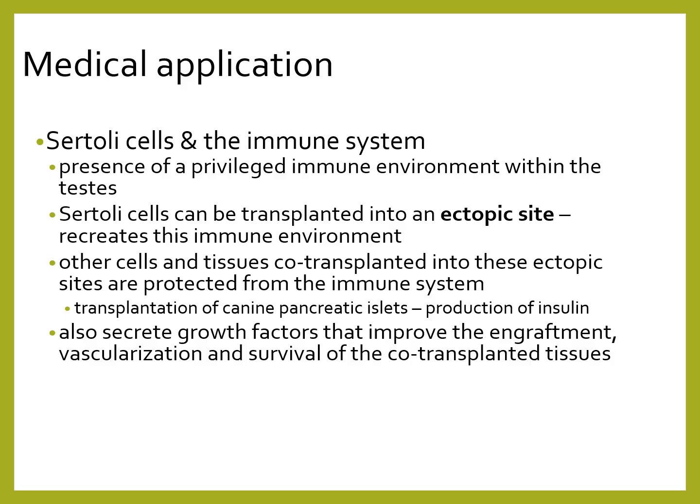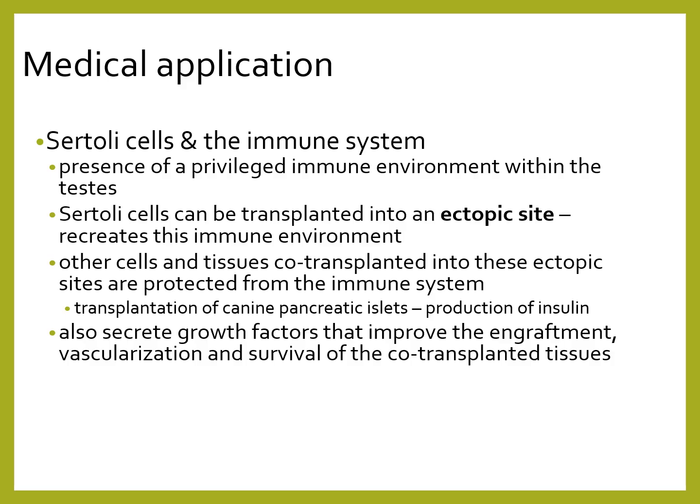Studies then took skin cells from a dog and created a graft right in the center of that ring of Sertoli cells. And the pig's immune system was incapable of recognizing those dog skin cells as being foreign, and the pig's immune system could not attack those foreign cells. The Sertoli cells implanted into the skin of the pig created a privileged immune environment in which the dog skin cells could survive.